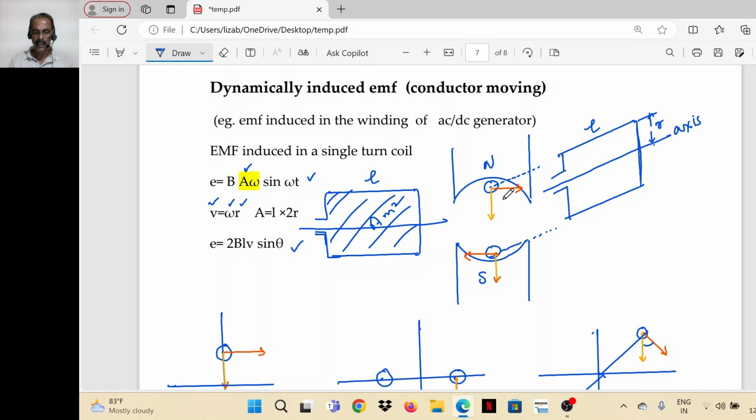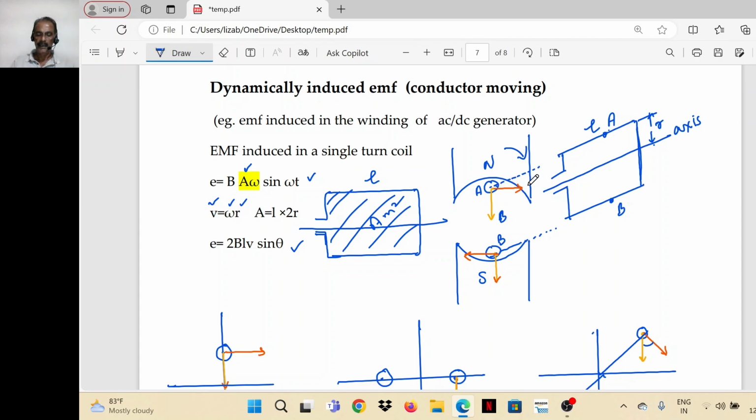Now see in this figure, the plane of the coil is vertical. That means, say this conductor is A, this conductor is B. So conductor A is here, B is here. The plane of the coil is vertical. Now assume this is rotating in the clockwise direction. At this point, the flux density is downward. So the flux is directed from north to south. Flux density is downward.